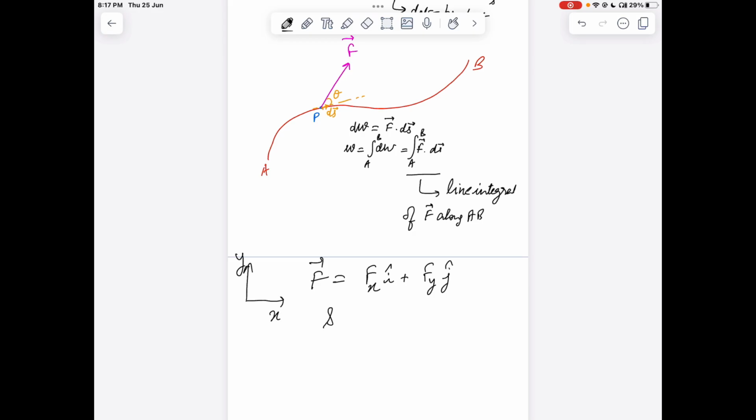Similarly, ds vector is equal to dx i cap plus dy j cap. And then when we consider the dot product of these two vectors, what we have is F dot ds is equal to Fx dx plus Fy dy.